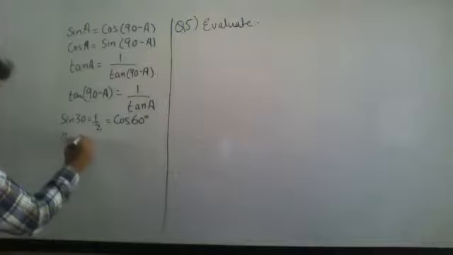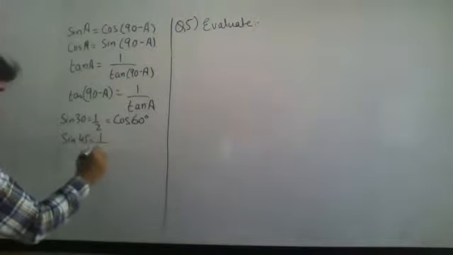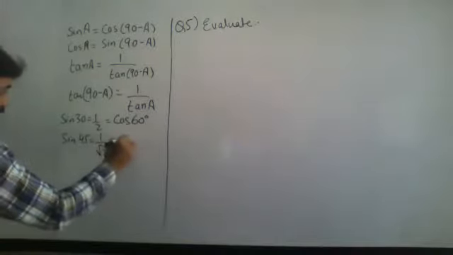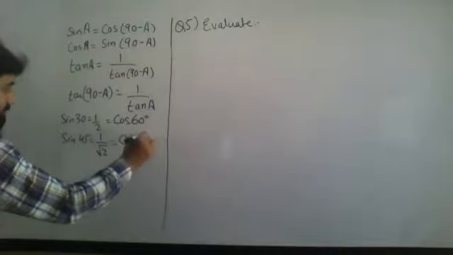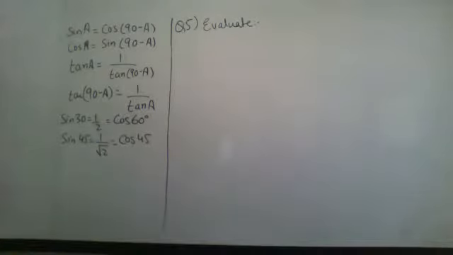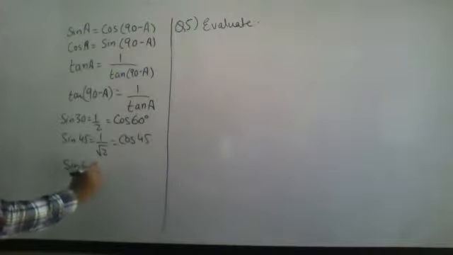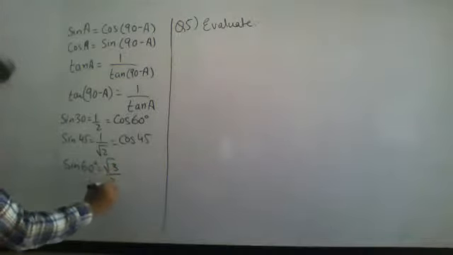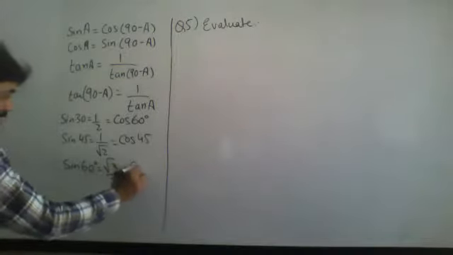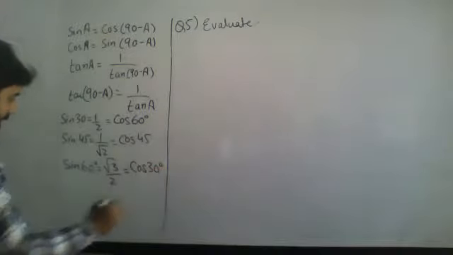Sine 45 degree is 1 over under root 2, and that is also equal to cos 45 degree. Then we have sine 60 degree, and sine 60 degree will be under root 3 over 2, and that is also cos 30 degree.